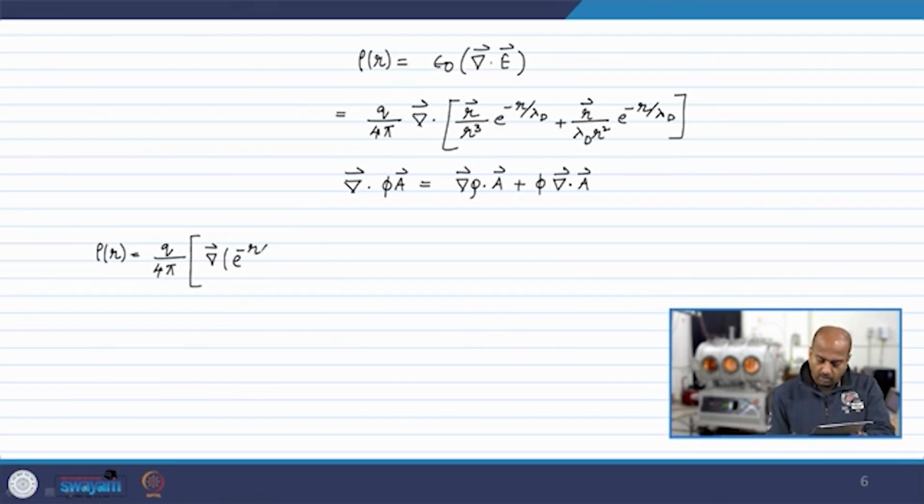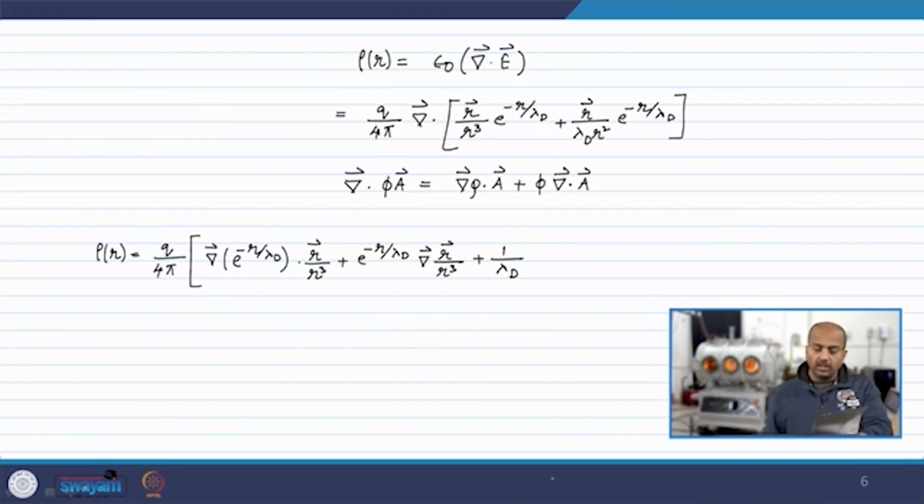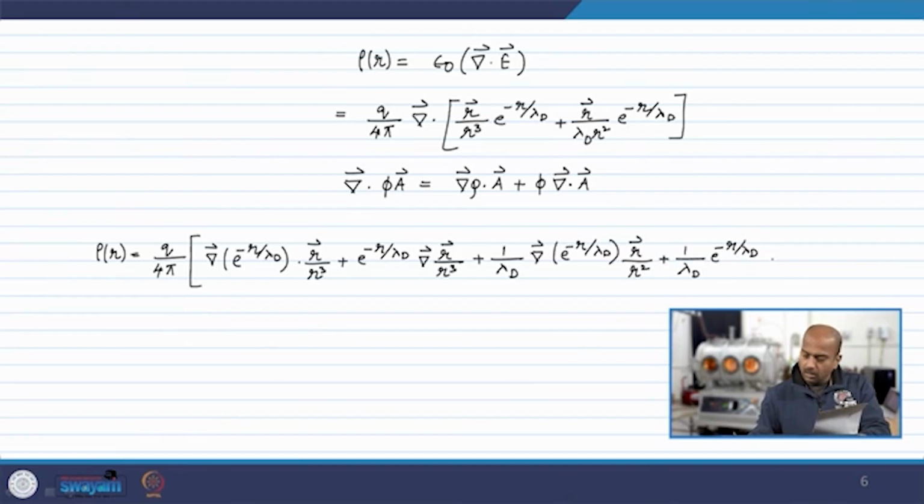e to the power of minus r by lambda d times del dot r cap by r cube, plus e to the power of minus r by lambda d... we will have 4 terms, because there are 2 terms within the divergence bracket, right. 1 by lambda d del of e to the power of minus r by lambda d dot r cap by r square, plus 1 by lambda d... right.